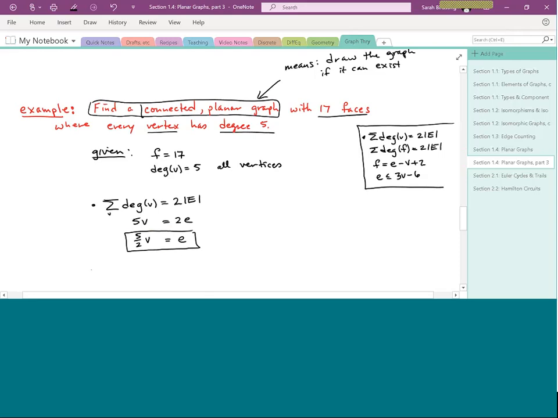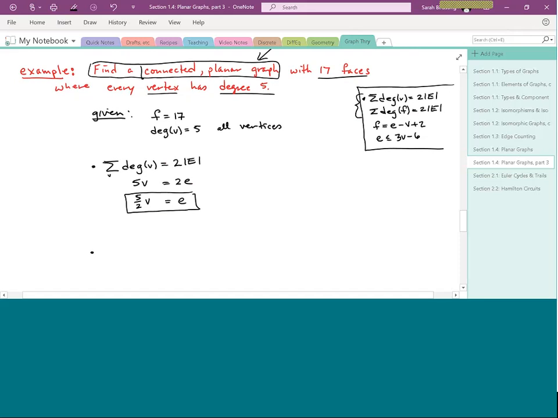Now, notice what these first 2 summation formulas are giving you. In both this example and the last example, which are the 2 classic ways of using this stuff, we were just getting a relationship between two of our unknowns: between the number of edges and the number of vertices, or between the number of faces and the number of edges.